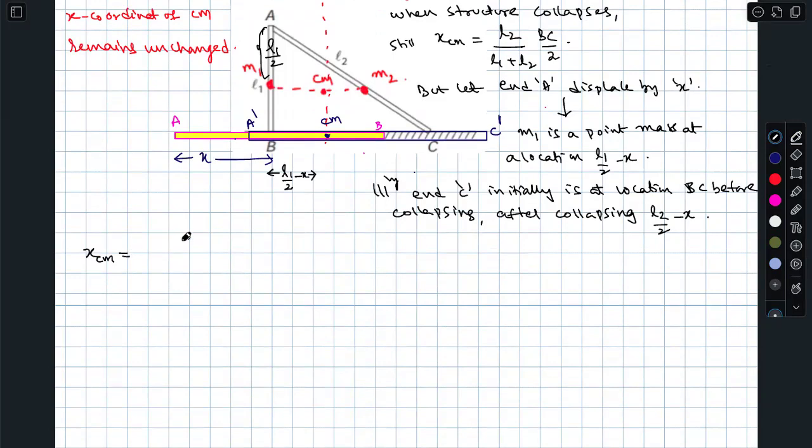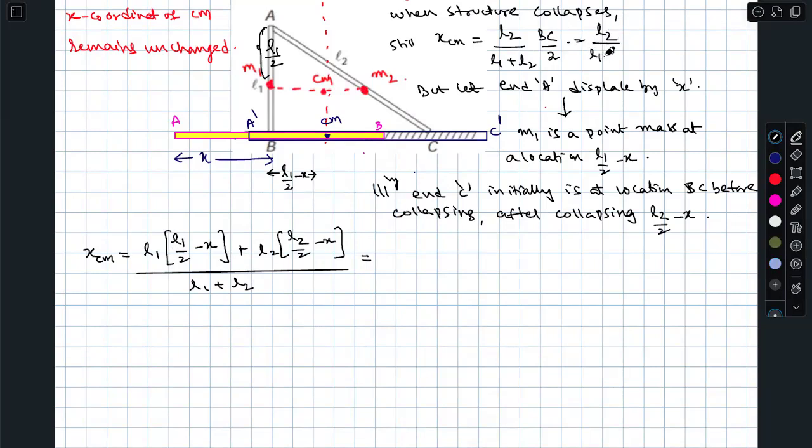So what is XCM? XCM is simply L1 times L1/2 minus x plus L2 times L2/2 minus x divided by L1 plus L2. Why am I writing L1 and L2? I think you have understood already. Say lambda is a multiplication factor; numerator and denominator anyway get cancelled. But remember, just because you have changed the coordinate, the center of mass won't change. It is still the same.